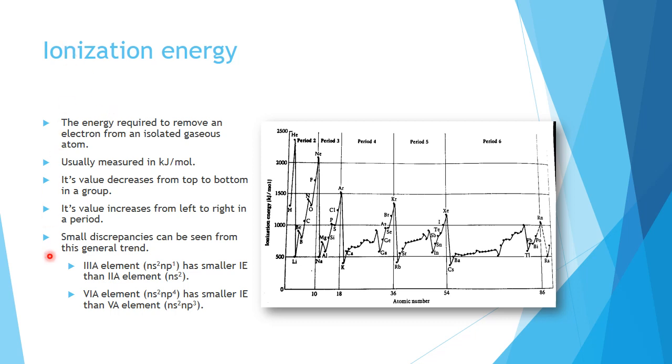If we talk about group 6A elements, then group 6A elements have the general electronic configuration of ns2 np4. They have smaller ionization energy than group 5A elements. Why is this so?